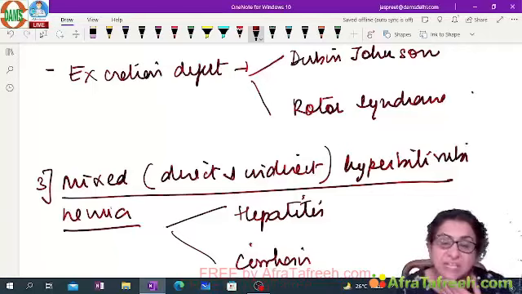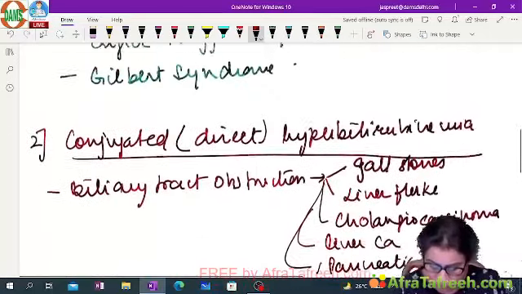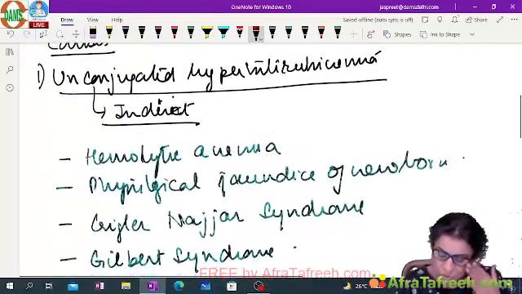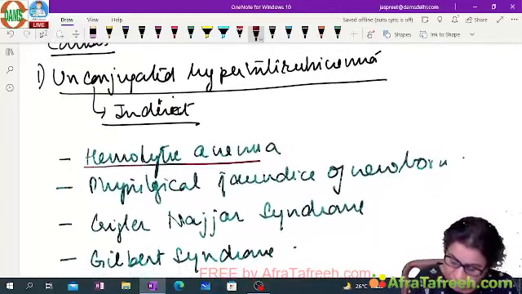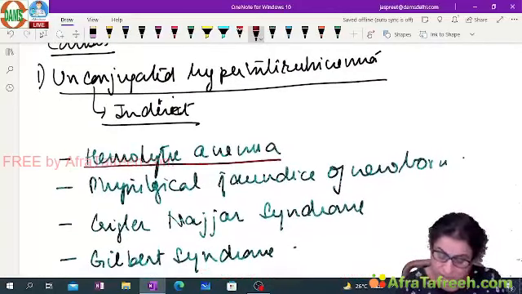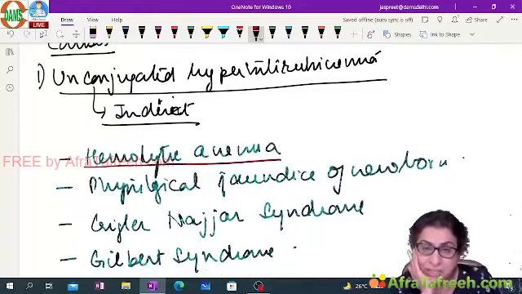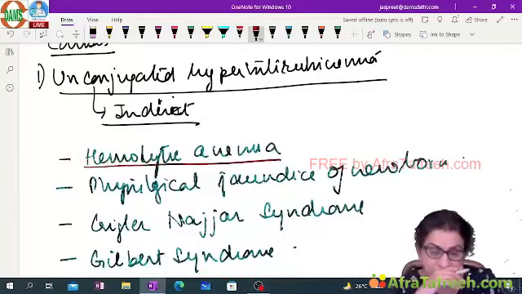look at the findings also. Very commonly, in unconjugated hyperbilirubinemia the most common cause is hemolytic anemia. When hemolytic anemia patients have jaundice, we call it hemolytic jaundice.